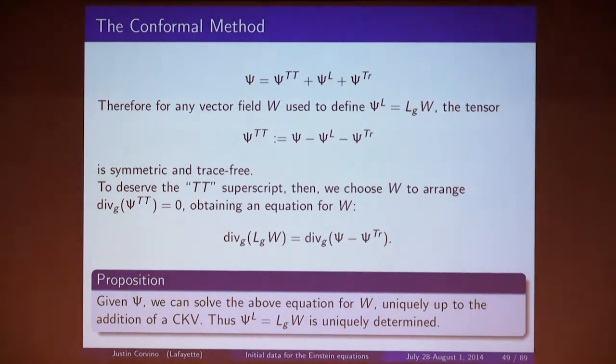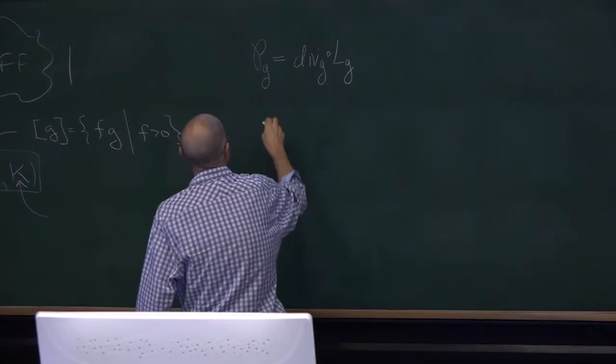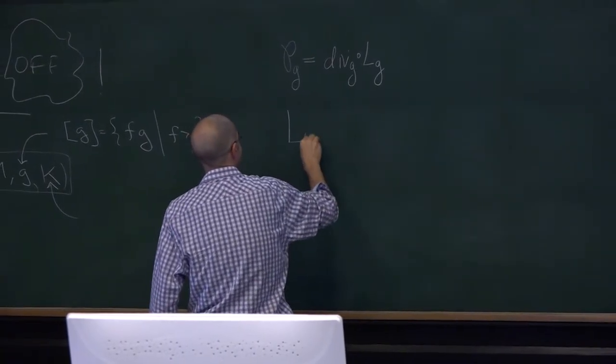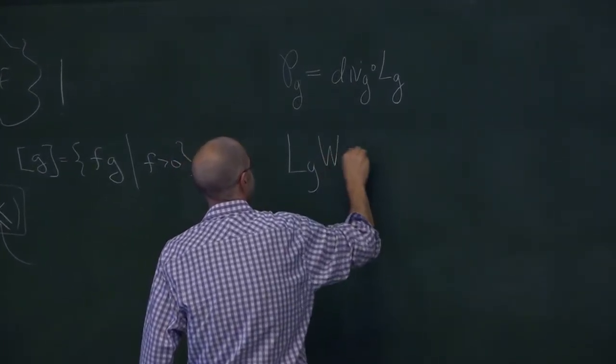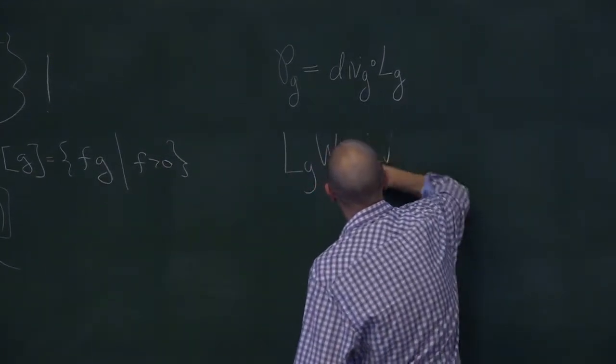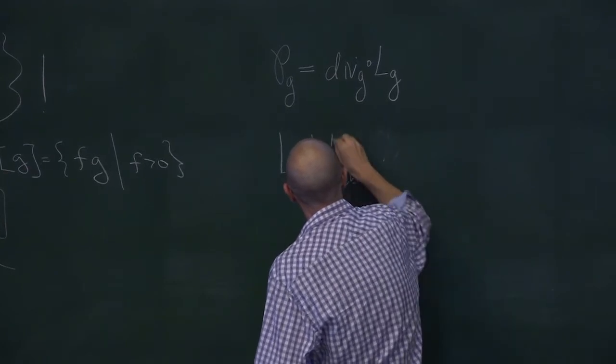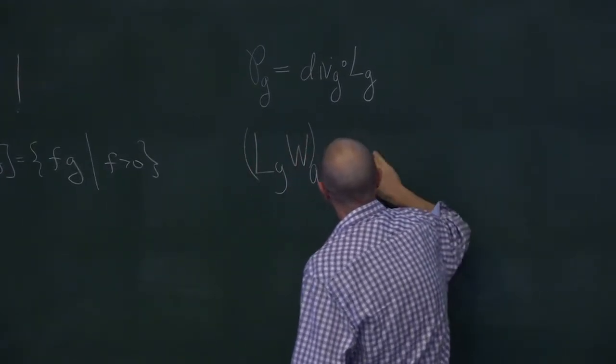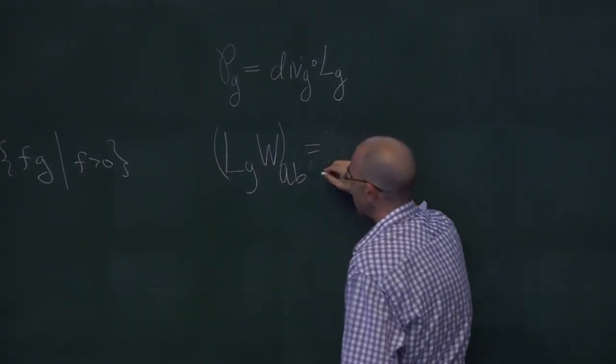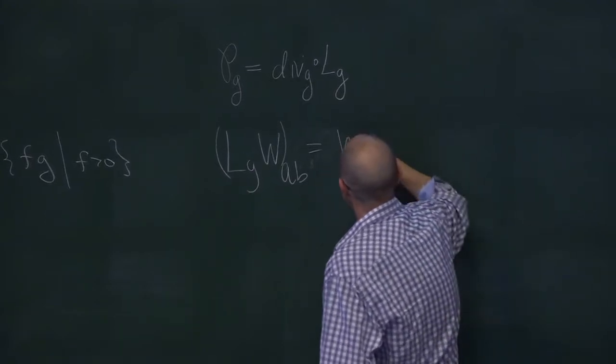Yeah? Can you write it in indices because some students might be more comfortable with that? I can help you. Okay, right. So LGW is at least down, indices down. Can we just leave this for homework? No, okay.